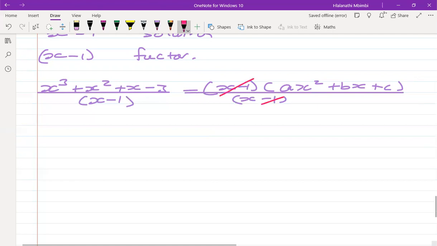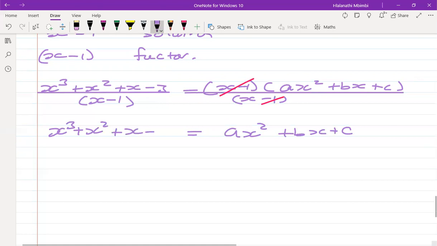And we have to do this division on this side. We know that division gives us ax squared plus bx plus c. So actually doing that division becomes very necessary if we care about the quadratic that we get on this side.